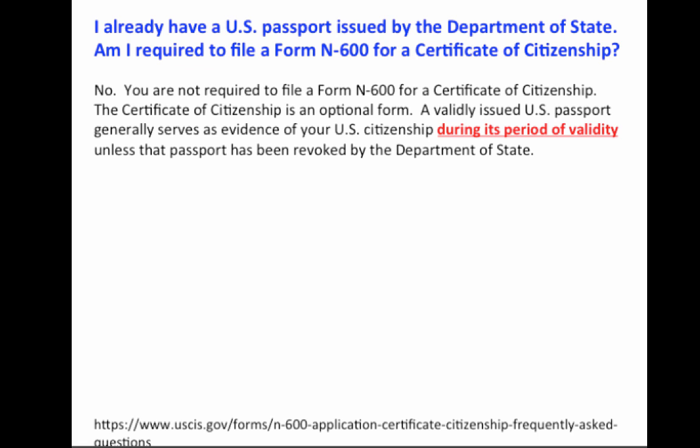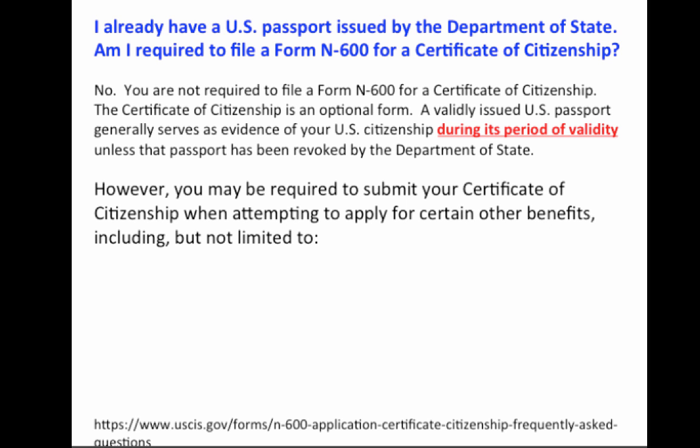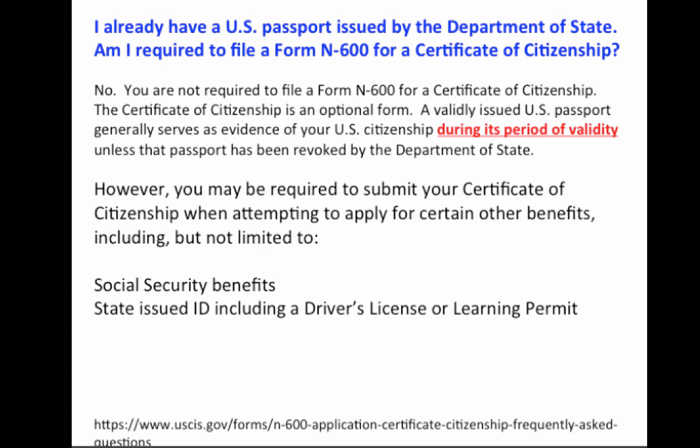However, if you look at the fine print, a validly issued U.S. passport generally serves as evidence of your U.S. citizenship during its period of validity. That means that if it expires, you might be in trouble. Okay? And you do not want to get caught. So you might have to still submit a certificate of citizenship when attempting to apply for certain other benefits, including but not limited to Social Security benefits, state issued ID, including a driver's license or learning permit.